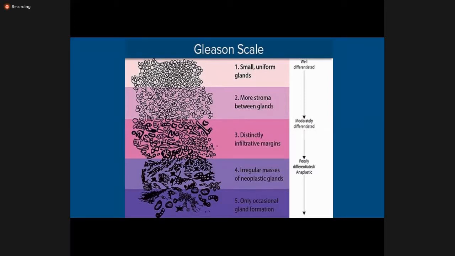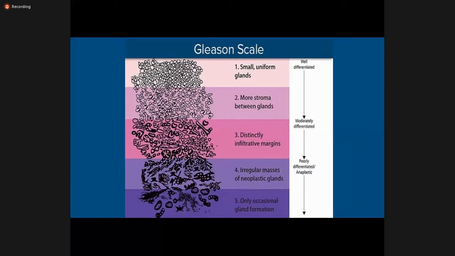So this is the brief picture showing you that small uniform glands mean well differentiated, Gleason 1. More stroma between glands is Gleason 2. If it distinctly infiltrates margins, then it's Gleason 3. And if there are irregular masses of neoplastic glands, then it's Gleason 4.